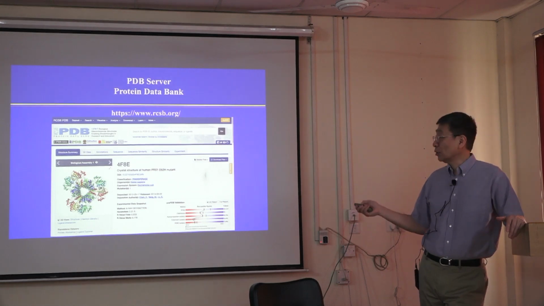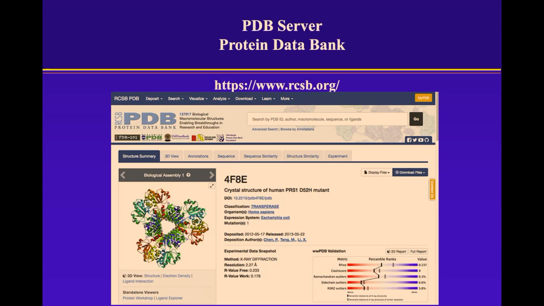So then the structure will be somewhere in the middle, or hopefully even better on this side. Hopefully that will improve the quality of the model. That's something I use once in a while, not very often, but I'll show you one example later today of how PDB Redo can be useful.